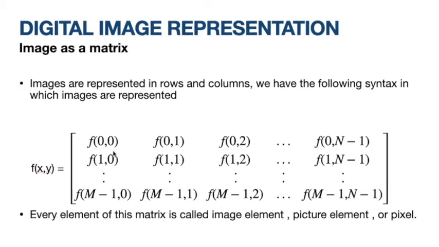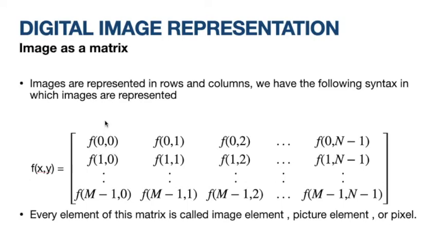Here each of these elements is a pixel. Okay, so f00 is the intensity value of the image at the coordinate 00.